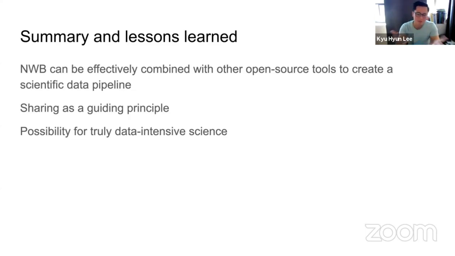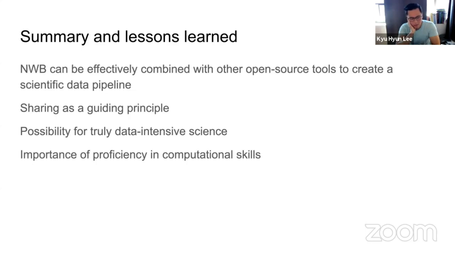There are a lot of problems in neuroscience experiments, such as low sample size, and we might be able to address that by combining multiple data sets in a meta-analysis style of study. So I think that's quite an exciting perspective.